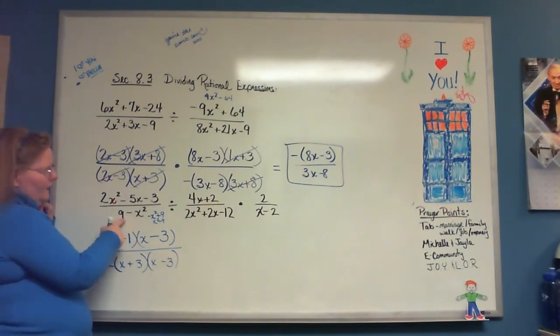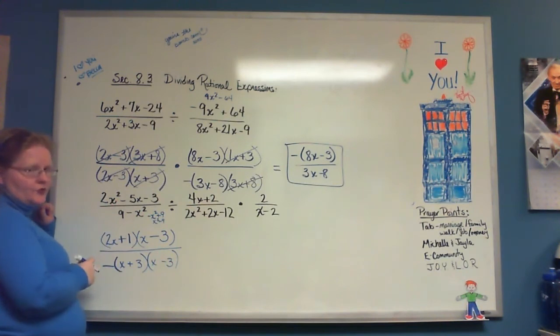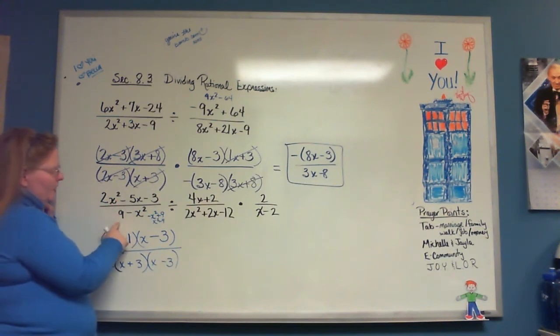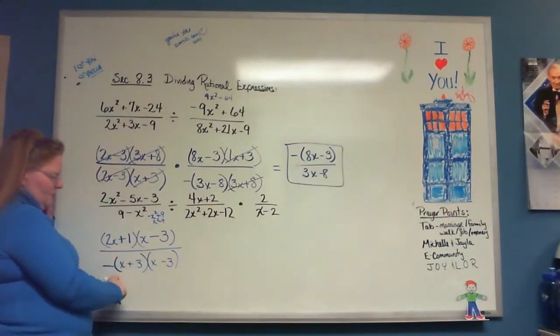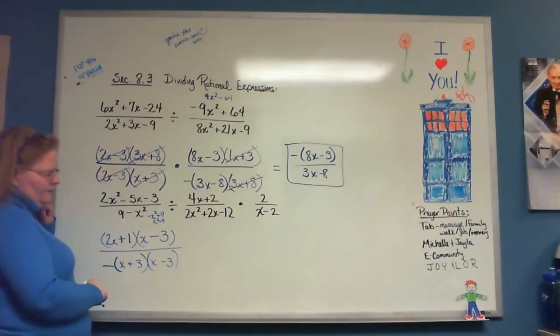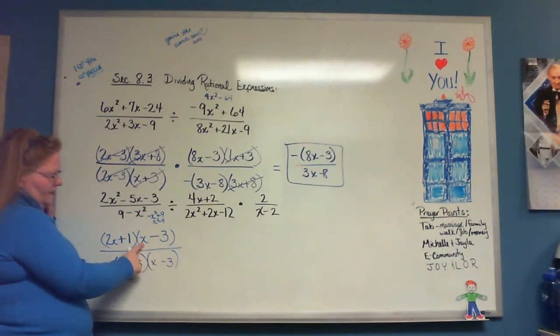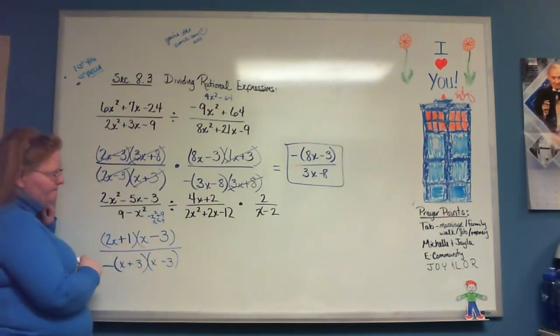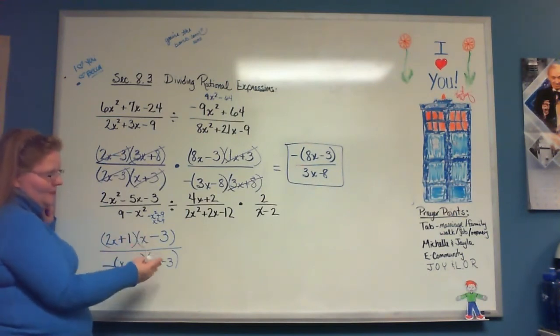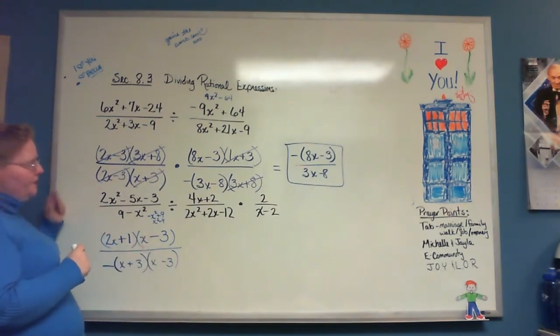Now, up here, you could have just called it the difference of two squares and factored it and gotten 3 minus x and 3 plus x. But then your x's wouldn't be in the front. And you really want your x's in the front, because you were going to have to take a negative out anyway to get the x's in the front. That's all I'm saying. It's going to happen.